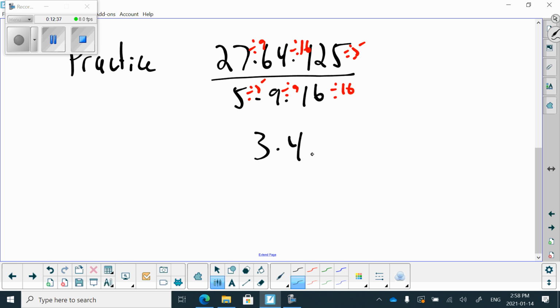And how about 125 divided by 5? 25. Now that's easier. You might go 3 times 4 times 25, which is kind of hard, but if I go 25 times 4, that's just 100, times 3. That's not bad at all.